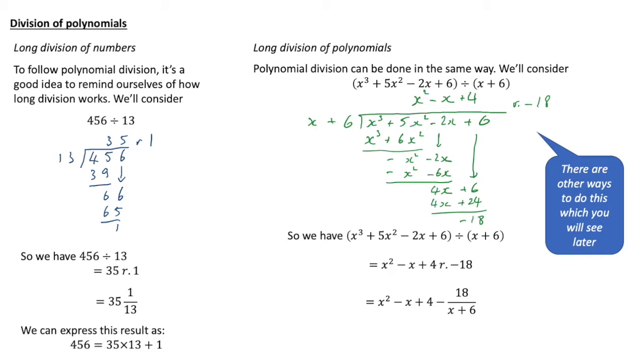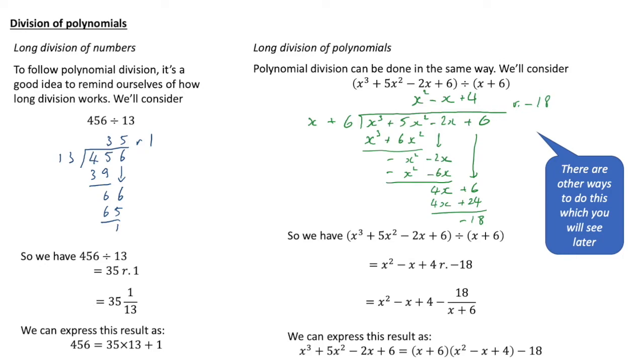And we can express the whole result as our original polynomial, x cubed plus 5x squared minus 2x plus 6, is equal to x plus 6 times x squared minus x plus 4, but we still have a minus 18 left over.